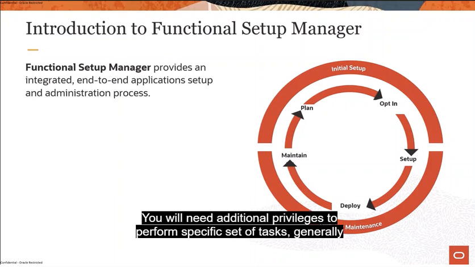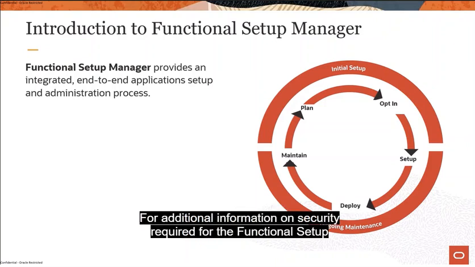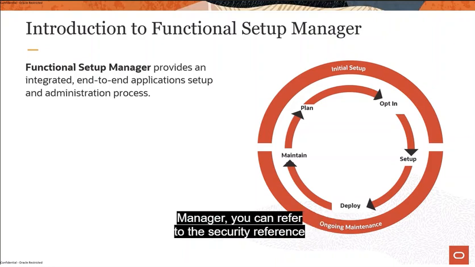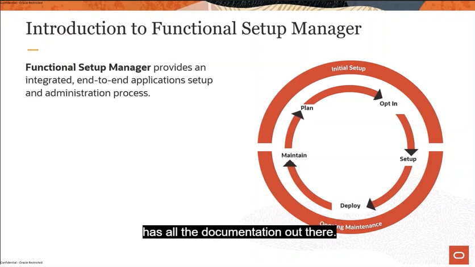You will need additional privileges to perform specific setup tasks, generally in your specific area. For additional information on security required for the Functional Setup Manager, you can refer to the security reference for the applications and the common features guide on docs.oracle.com, which you should bookmark anyway because it has all the documentation out there.